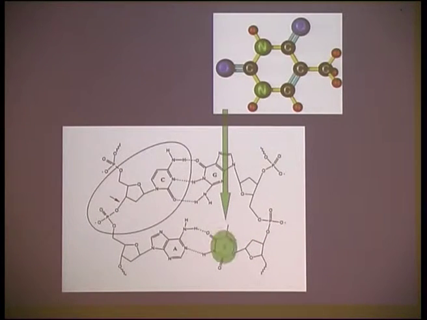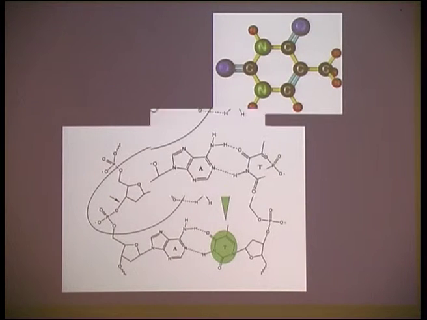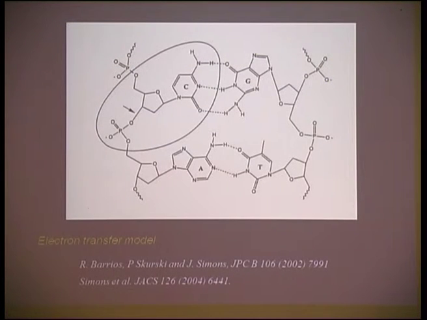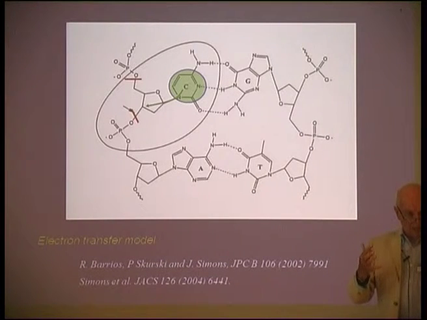And there was a theoretical model which was published some years ago, the electron transfer model, saying that in this case, cytosine acts as an antenna for these low energy ballistic electrons.